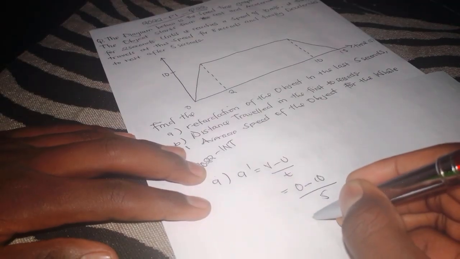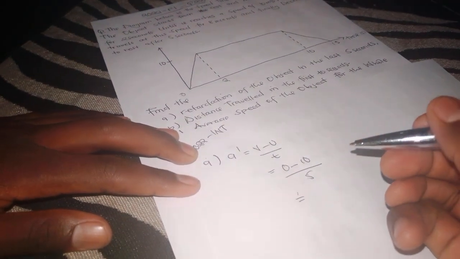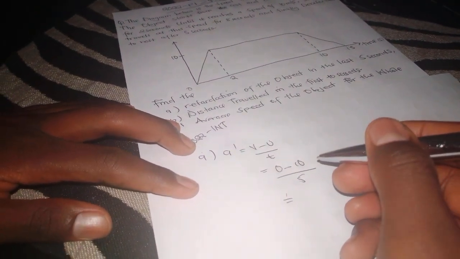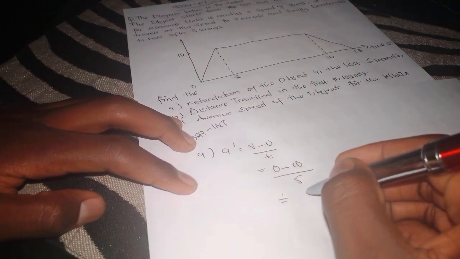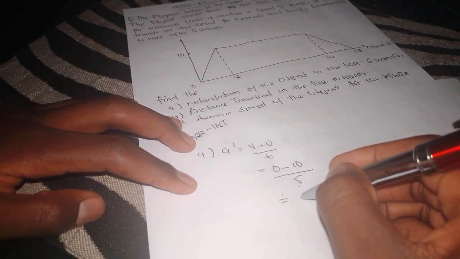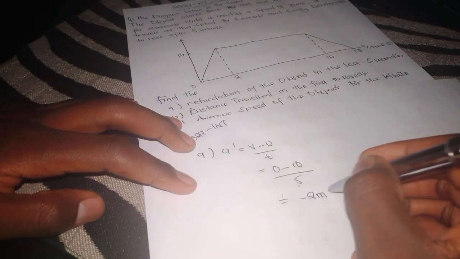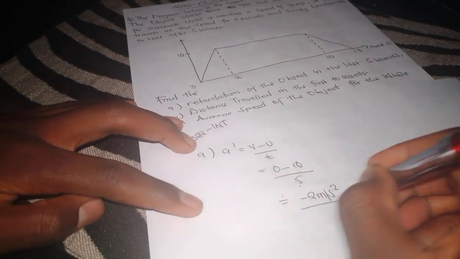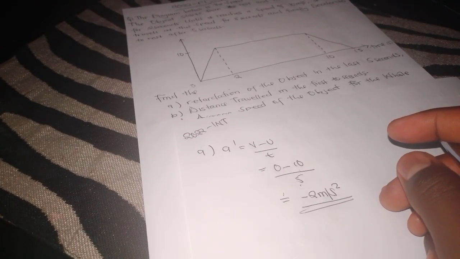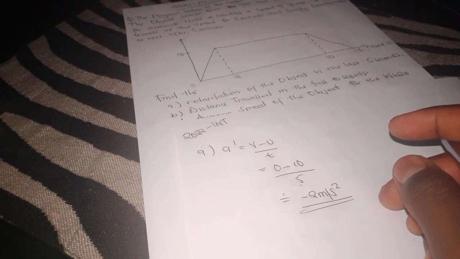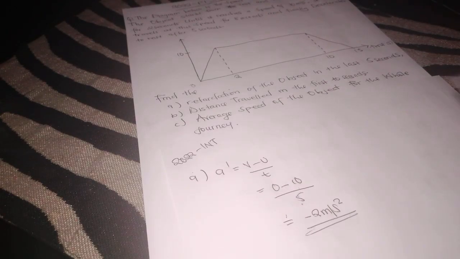It's equal to negative 10 over 5, which is negative 2 meters per second squared. That's our answer for question A.